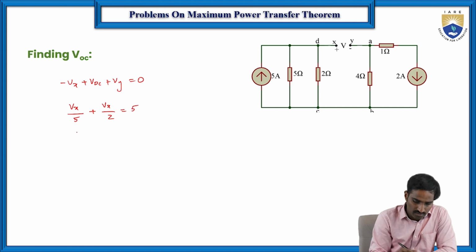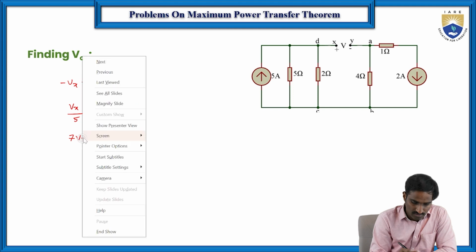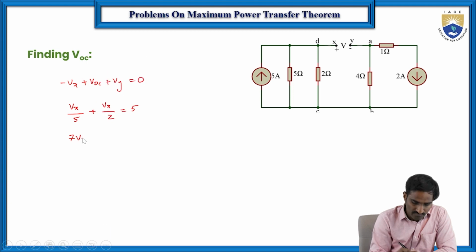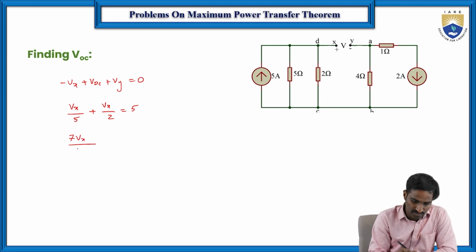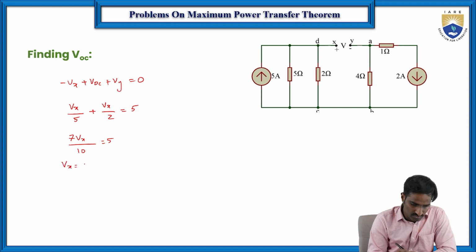Then 7 Vx by 10, which is equal to 5. From this we can find Vx is equal to 50 by 7, which is 7.14 volts. Here it is Vx.